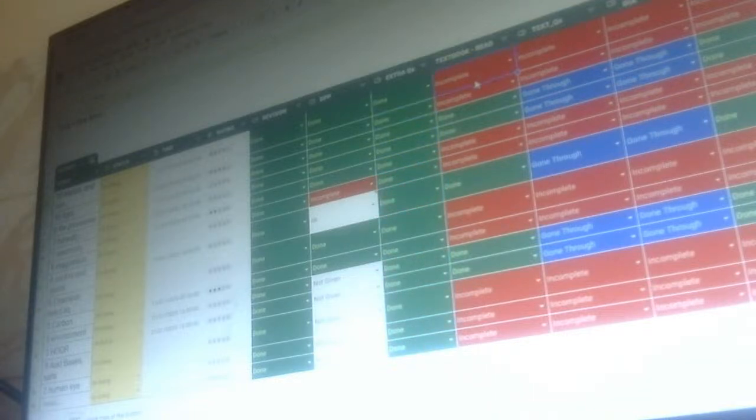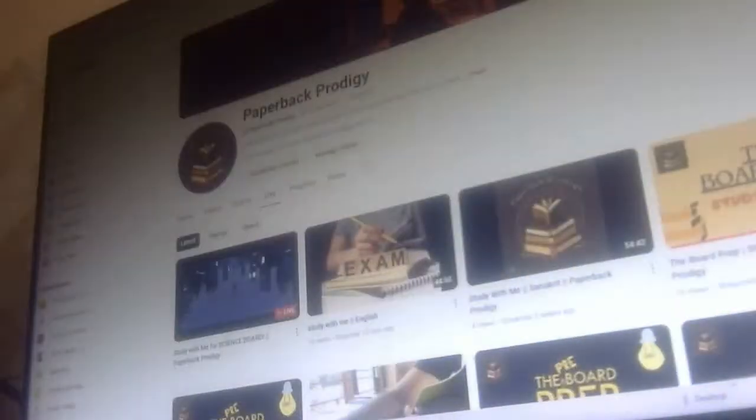Textbook read, not so much. Textbook question. Oh my god, NCERT. I have to do NCERT. See, such a foolish person, risking not doing NCERT and going and doing all sorts of rubbish. NCERT I should do.